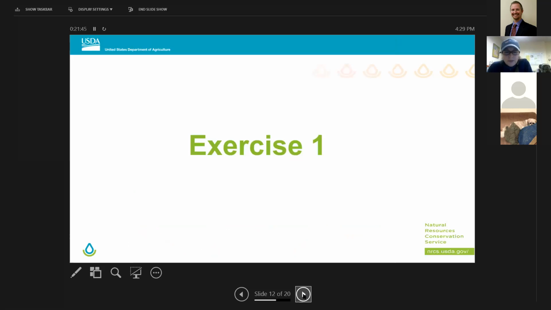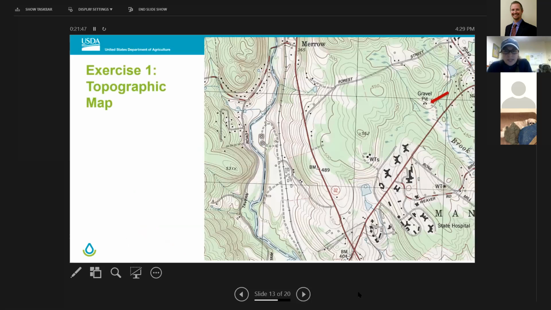All right, so she put together an exercise. Here's another topographic map. I've got a couple questions for you. First question is, what are the brown colored lines on the topographic map? Can you either put that in chat or unmute yourself? Contour lines?